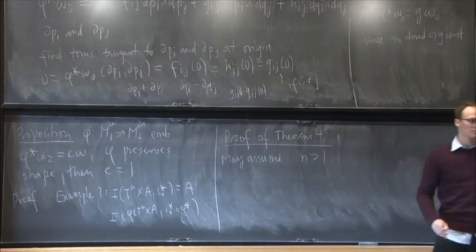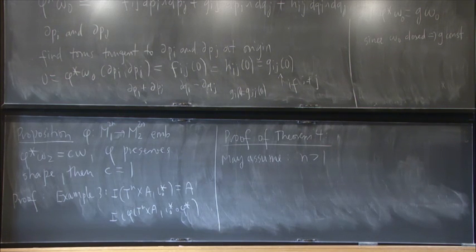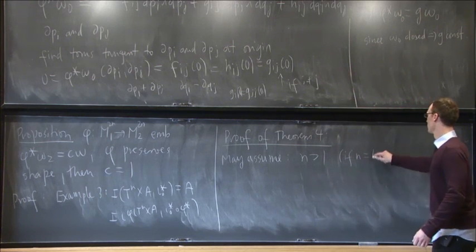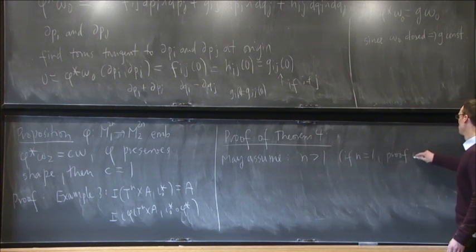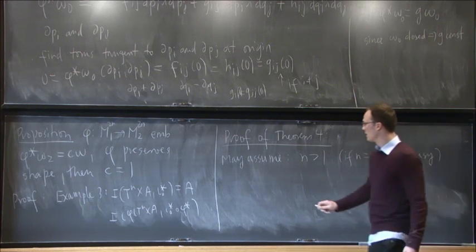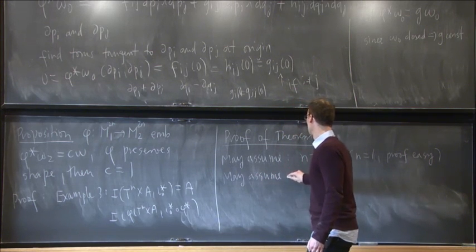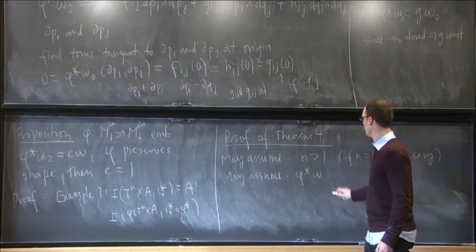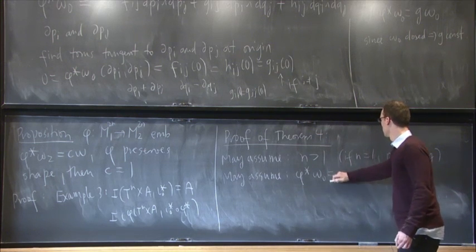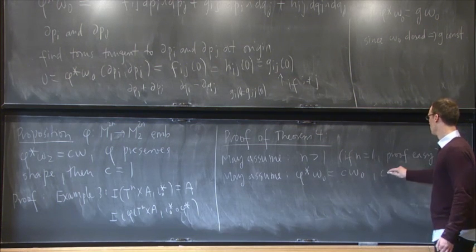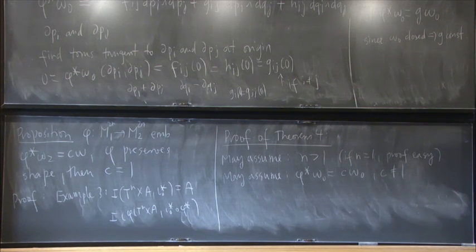What I can assume is that n is more than 1, because otherwise it's an area form, and I can prove things quite directly without using symplectic geometry. So that's quite easy to do if n is 1. Then I can also assume phi star of omega 0 is not some multiple of omega 0.